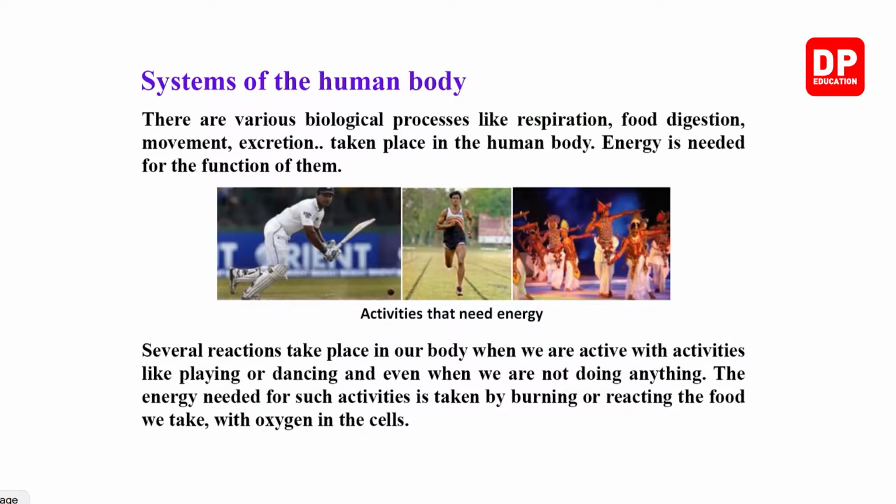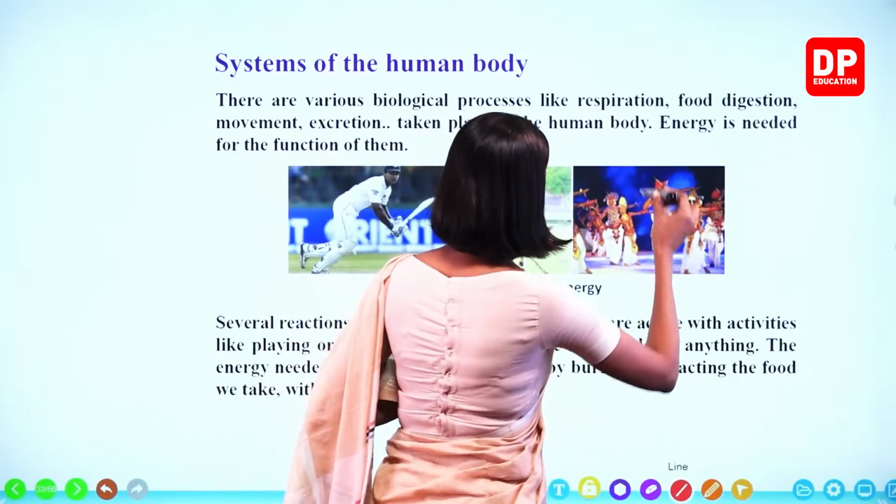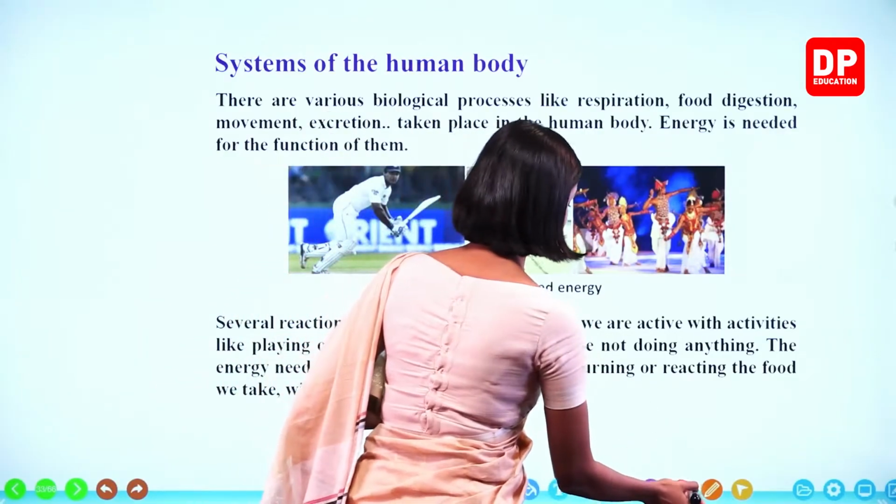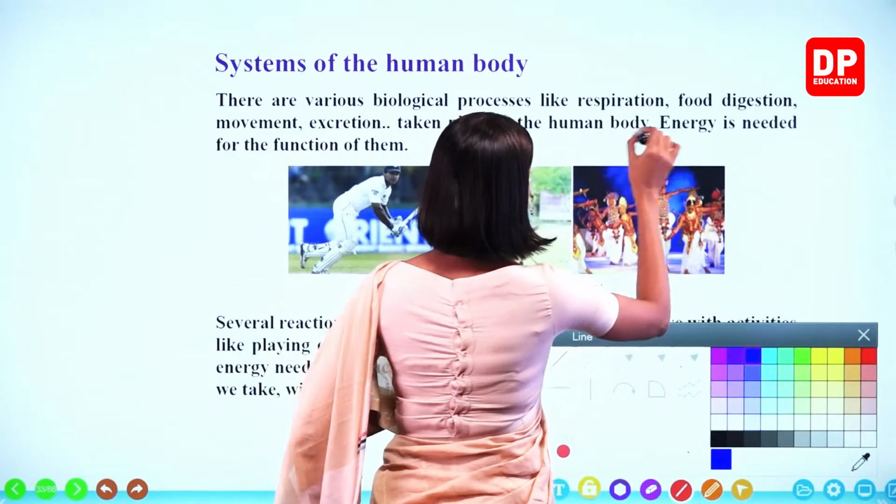There are various biological processes like respiration, food digestion, movement, excretion, etc. taking place in the human body. Right? Different activities take place. Energy is needed for the function of them. For any activity that takes place in the human body, energy is necessary.